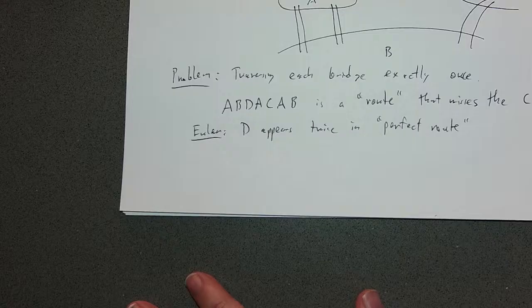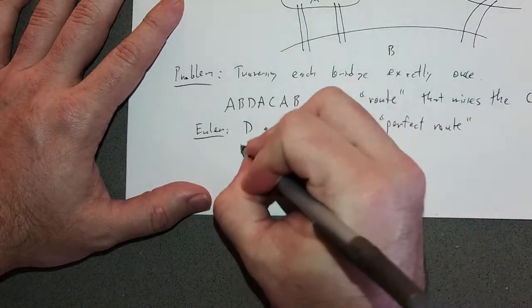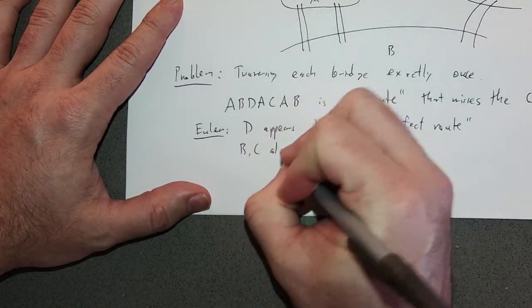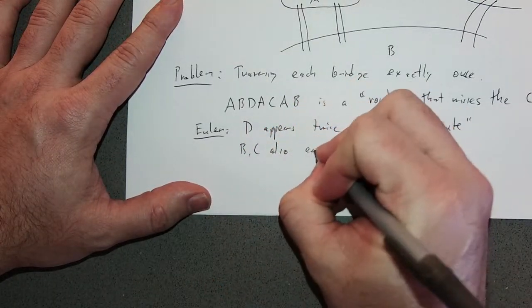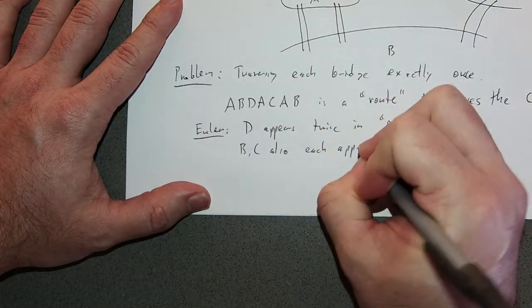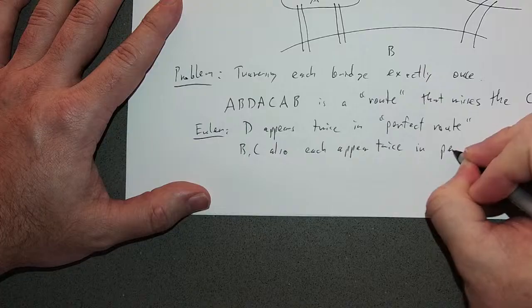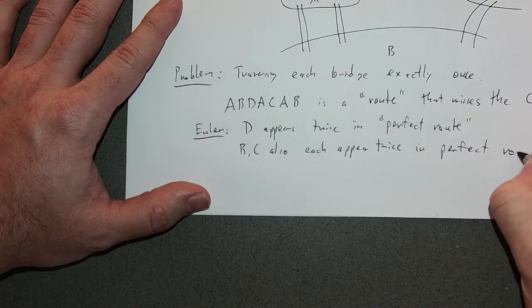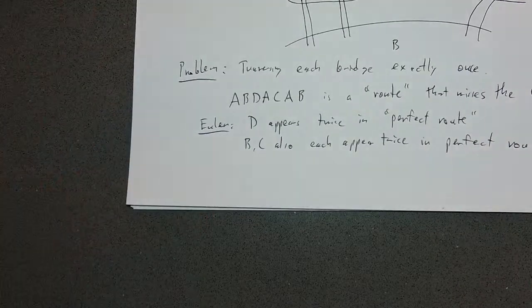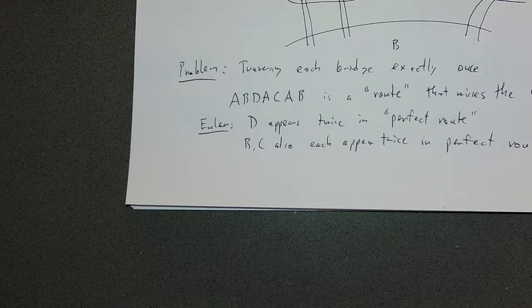Okay. All right. Well, what about B and C? B and C also have to appear twice, for the same reason. More than twice, you'd be crossing a bridge multiple times.